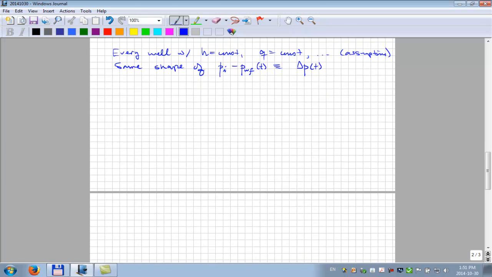And what is that shape? Well, I'm going to show you that shape. Right here, time and delta P, and I'm going to put it on a log scale.